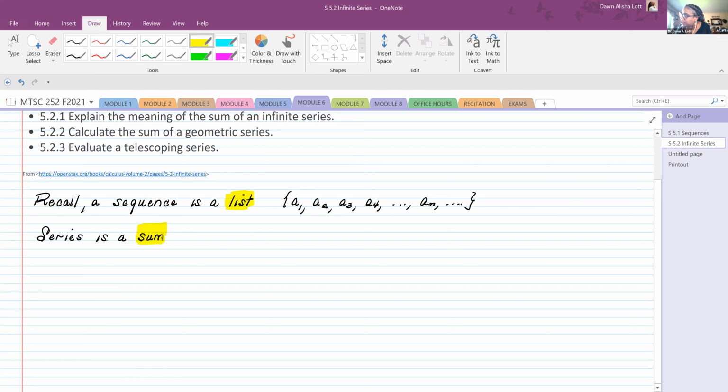These function differently. Okay, so we can take the items from a list and add them up, and get what we call a series. Okay, so a series is a sum.